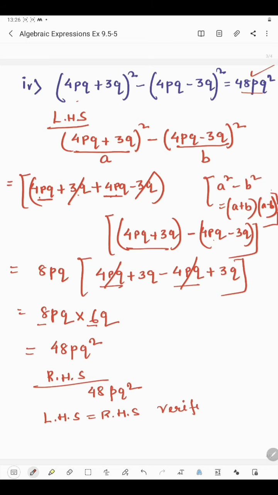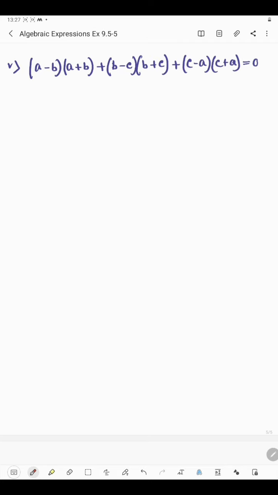So what we have observed that left hand side is equals to right hand side. Verified. Now coming to the last part. Now in the fifth part we have (a − b)(a + b) + (b − c)(b + c) + (c − a)(c + a) = 0. So here we'll solve the left hand side and we'll check whether we get 0 or not, which is there on the right hand side.